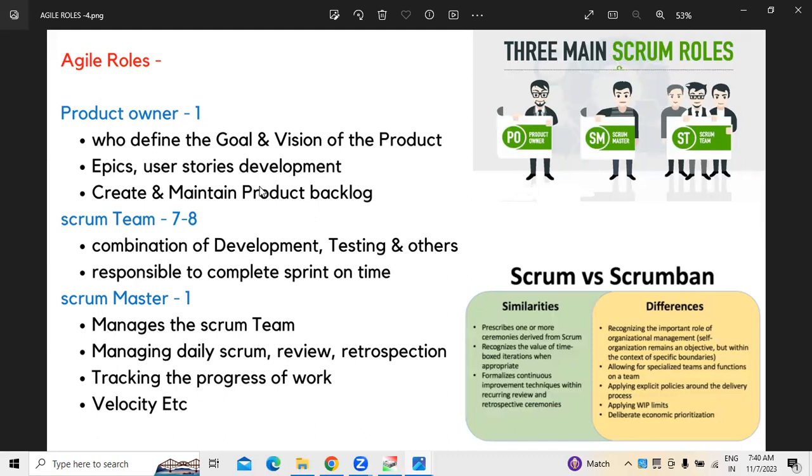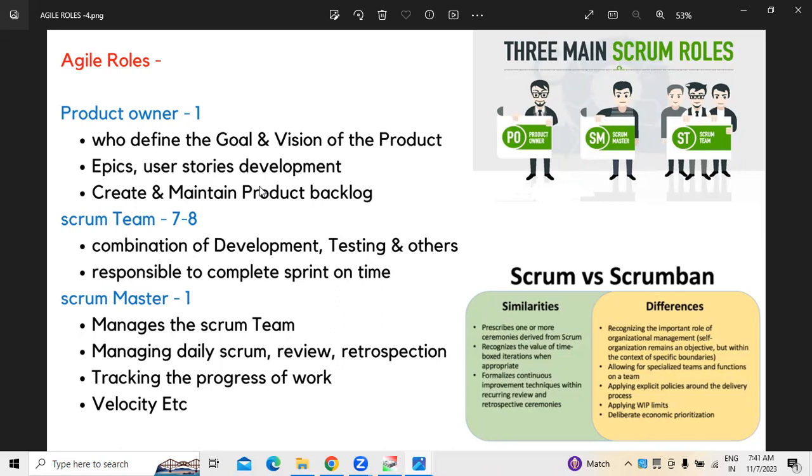How do they visualize it? By creating a roadmap, by writing epics and user stories. Please don't confuse. So epics and user stories are what they have to write. Defining the goal and vision of the product is the first thing you have to do as a product owner.